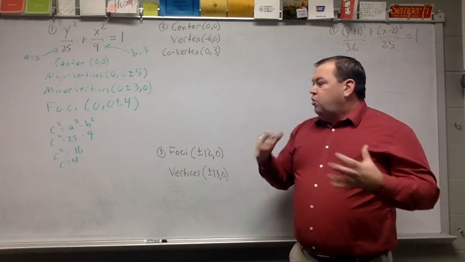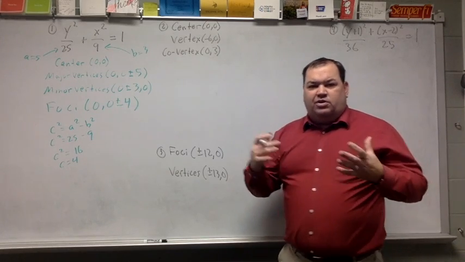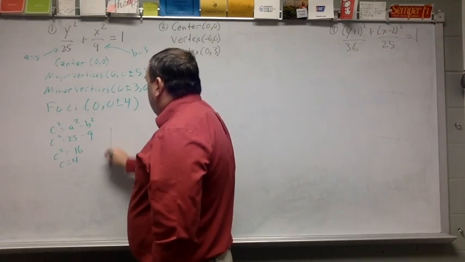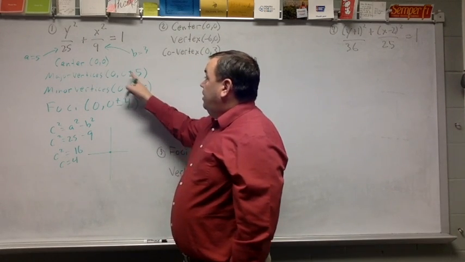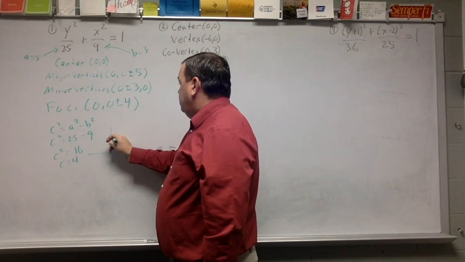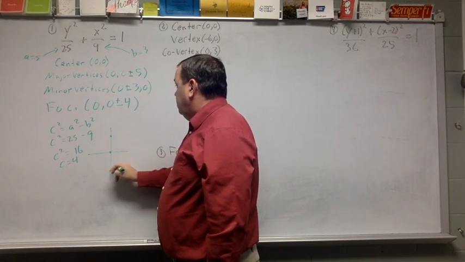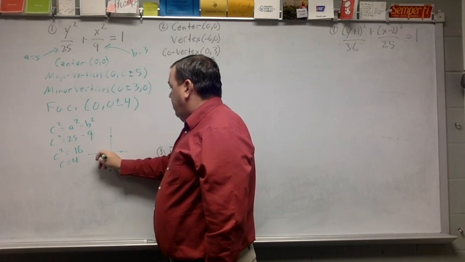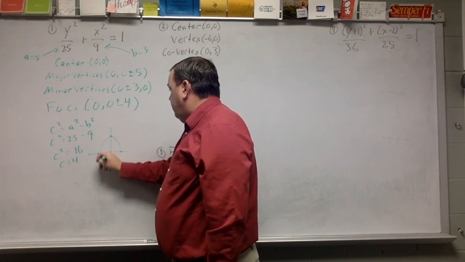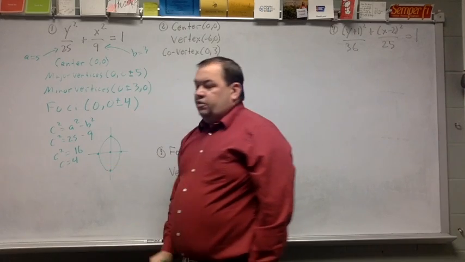Now, if you're more of a visual, let's draw this out and see what it looks like. So I'm centered at 0, 0. I'm going to go up and down 5 to get my major. I'm going to go left and right 3 to get my minor, and that's going to give me the shape of this ellipse.